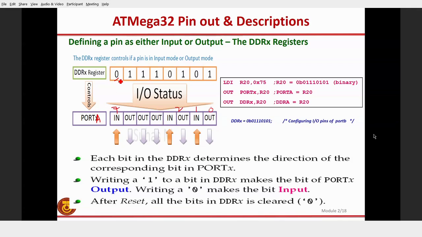So bit 7 here means that port A7 will become an input, because in DDR7 we assign it a 0 over here. That means we want it to work as an input. So in port A, it will not write, but instead it will read from the particular port bits.